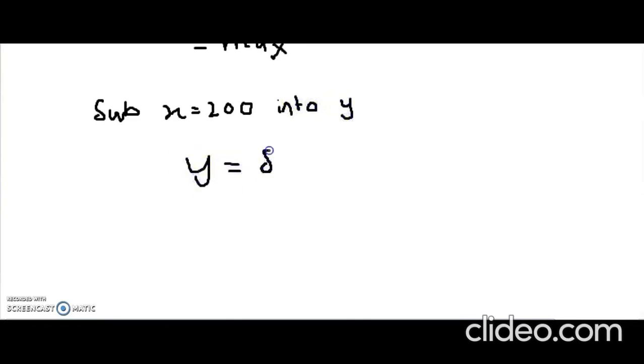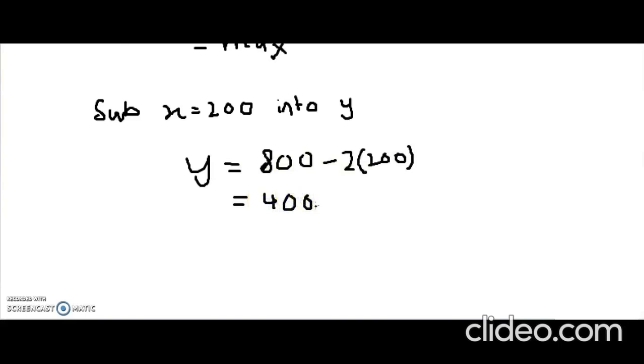So substitute x into y. y equals 800 minus 2 multiplied with 200, which means 400. So 800 minus 400 equals 400.